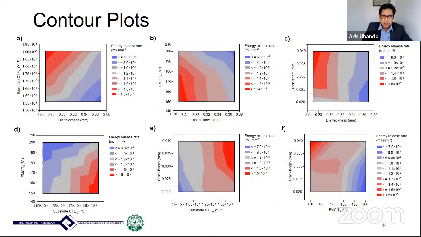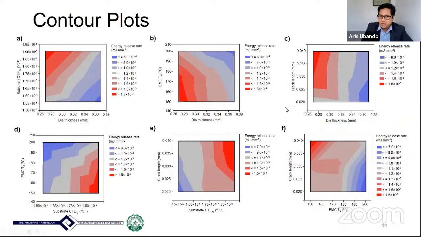This shows you the contour plot for the results. And the results would be approaching the critical energy release rate for the silicon. So we might want, from the engineering standpoint or the R&D standpoint, to focus on the blue area or the blue line, for us to be safe that the crack won't propagate with these types of conditions.